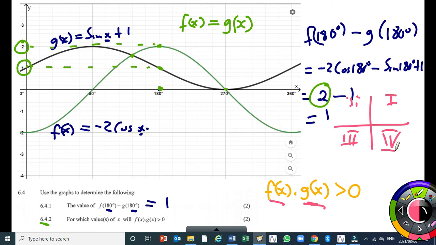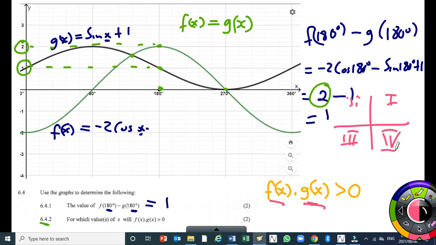First quadrant, both x and y are positive. Fourth quadrant, x is positive, but y is negative. Right? Which means if the graphs are in the fourth quadrant in the same interval, it means you could get a solution there.